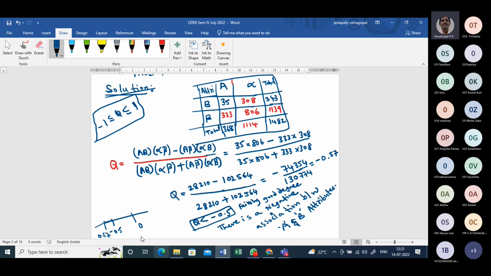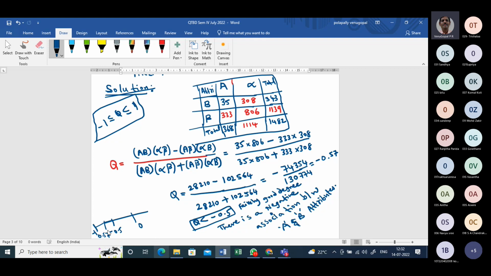Up to -1 I can go, no? So it is between +1 and -1. Therefore, there is an association, and we are having negative association. Fairly good degree of negative association.